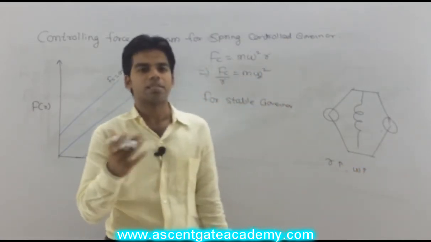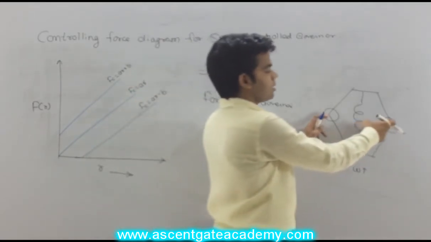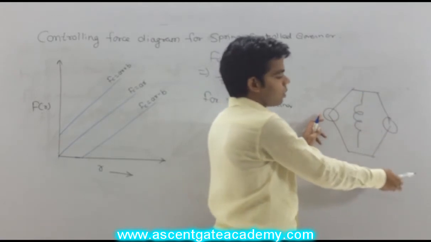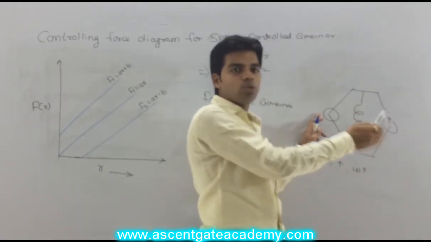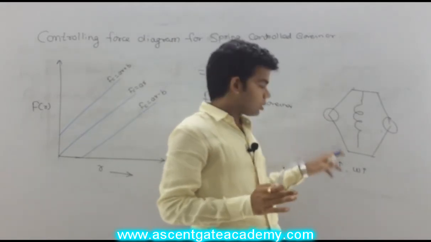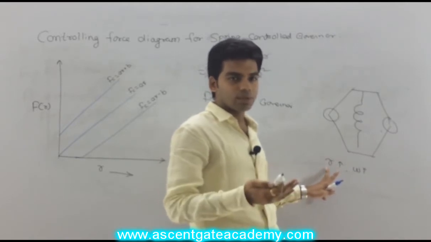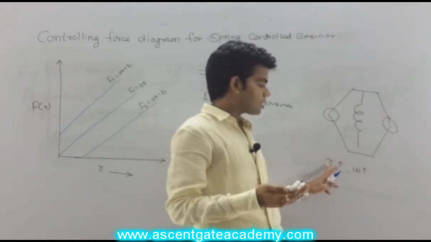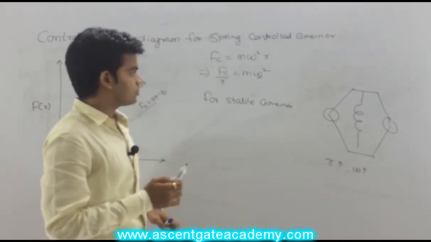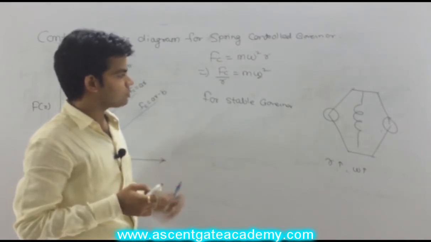Or you can say if the speed is increasing, then the radius of rotation should increase. Why? If the speed is increasing, this sleeve should move upward so that the valve can be closed so as to decrease the fuel supply and maintain the speed. As simple as that. Getting this? This is the condition for a stable governor.